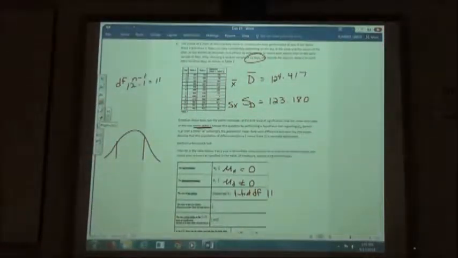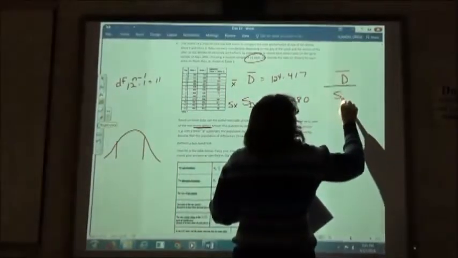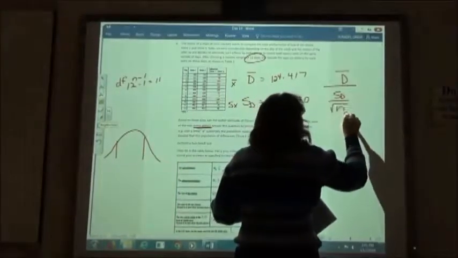All right, we now can throw those into the formula. So in the formula, we have d bar on the top over S sub d divided by the square root of n.